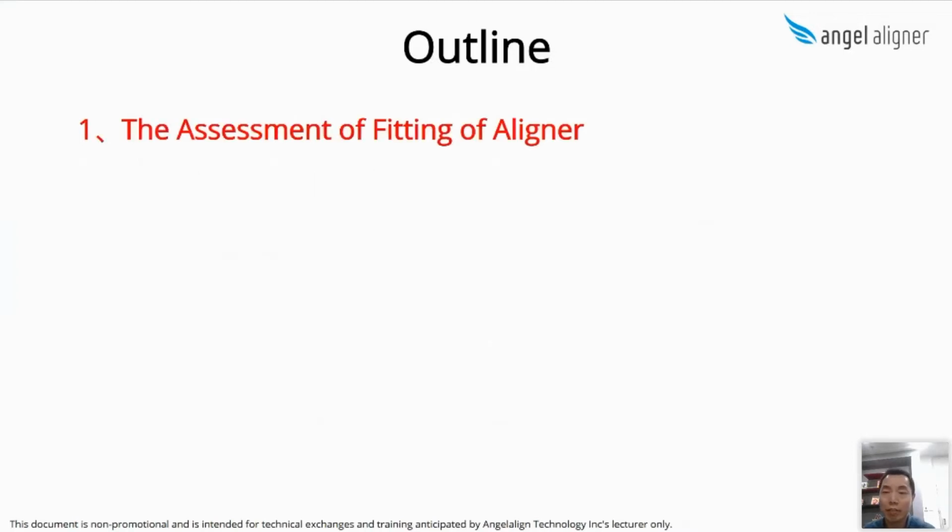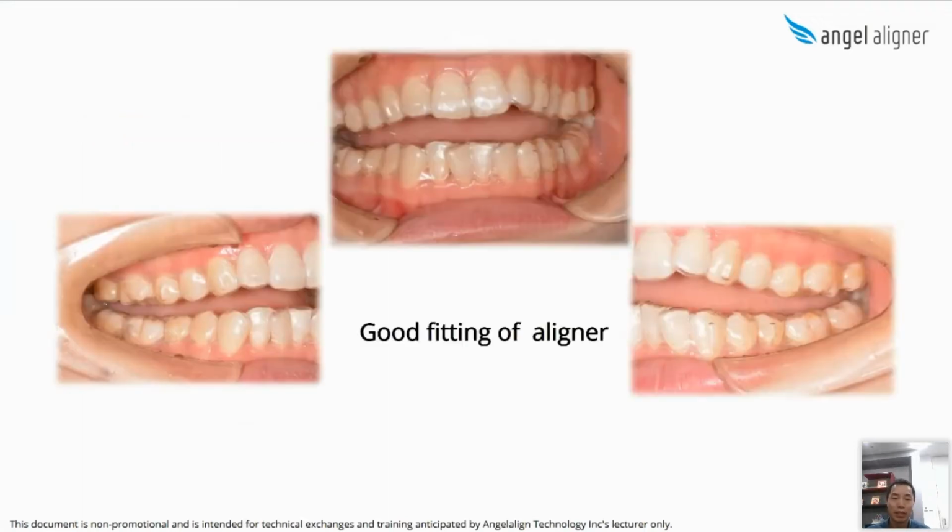Okay, let's start from the first one, the assessment of fitting of aligner. In clear aligner treatment, what is a good fitting of aligner? That means there is no gap between the aligner and the incisor edge of the teeth and no space around the attachment upon the aligner insertion.